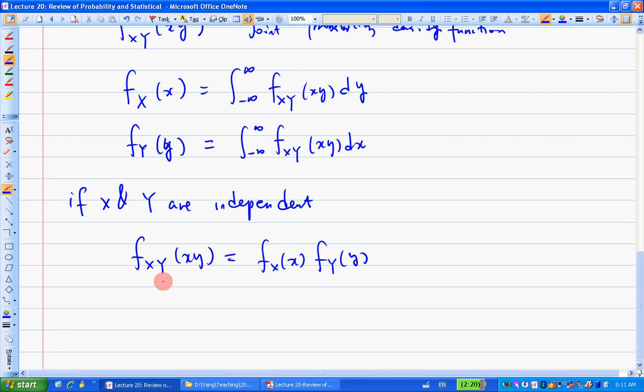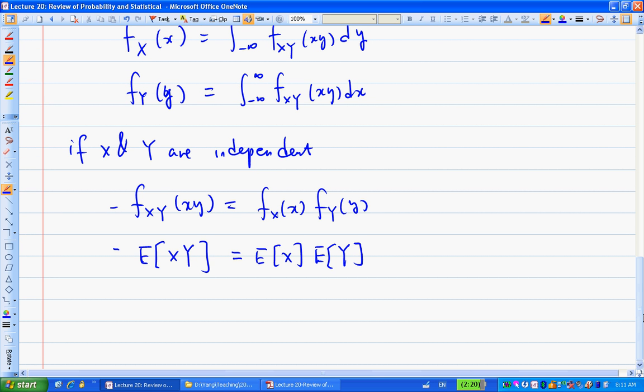That's the independence. Now, in terms of the expected value, if I have the expected value of X multiplied by Y, and they are independent, then this just equals the expected value of X times the expected value of Y. The kind of process that we're going to deal with will be imposed by a certain amount of noise, and the noise we're going to consider as independent.